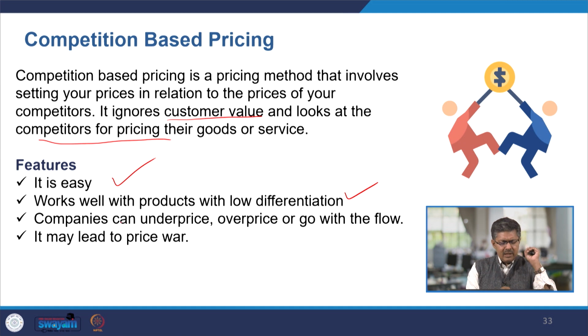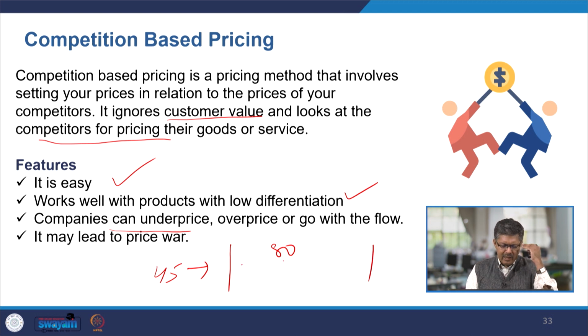Then one thing that happens with competition based pricing is that companies can underprice themselves. So, let us say a seller is selling at 80 rupees. The marketer knows that my cost of production is, let us say, 45 or 46 rupees, right. So, now it feels that there is a strong reference price which is 80.